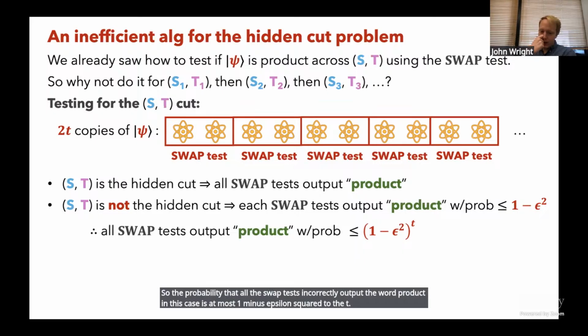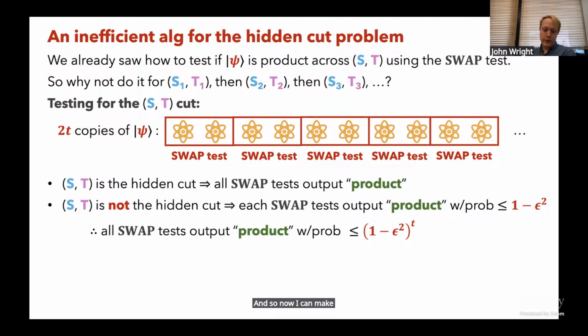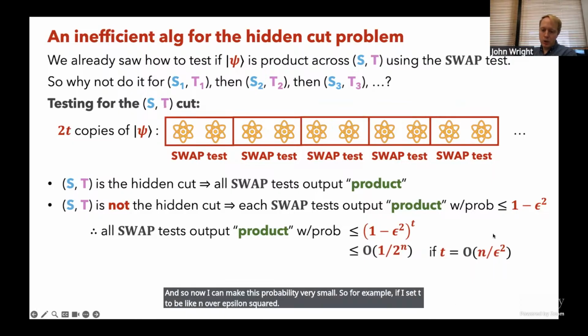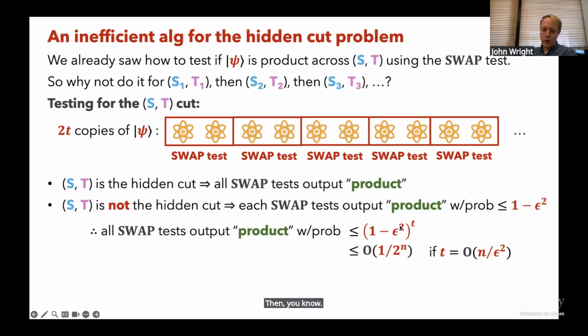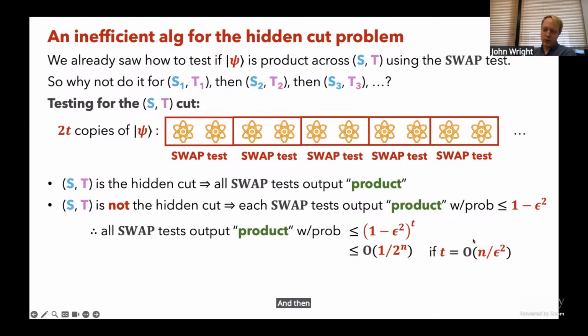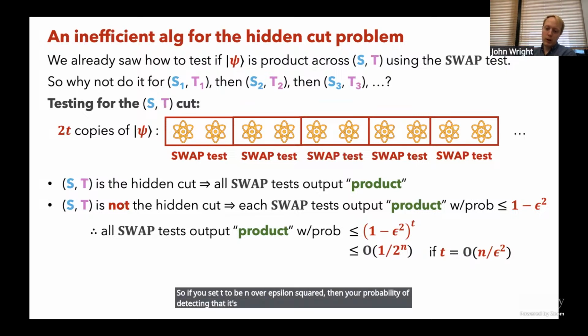And so now I can make this probability very small. For example, if I set t to be n over epsilon squared, then this 1 over epsilon squared will cancel with that 1 over epsilon squared, turn it into 1 over e, and then you have e to the minus n or something like that. So if you set t to be n over epsilon squared, then your probability of incorrectly outputting product is extremely small, exponentially small in n.